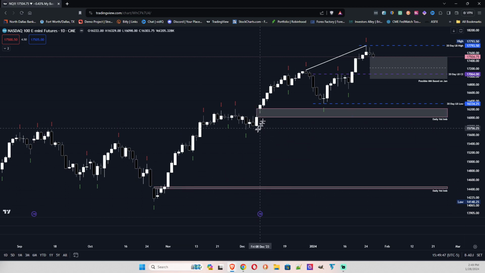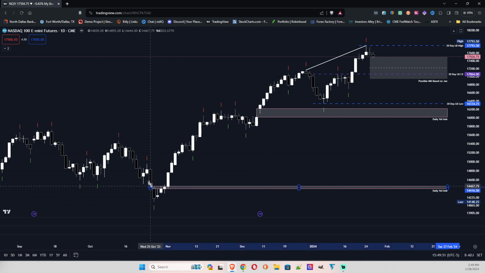And then here is another one. I need to fix this one actually. Okay, these are areas that may get hit in the future. They are pretty far away from price action right now.